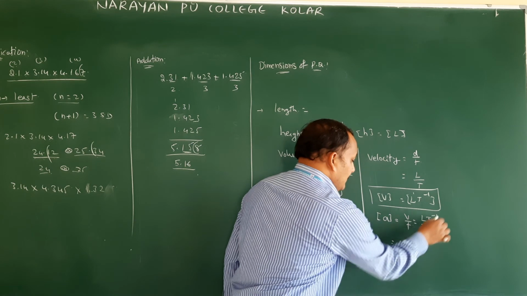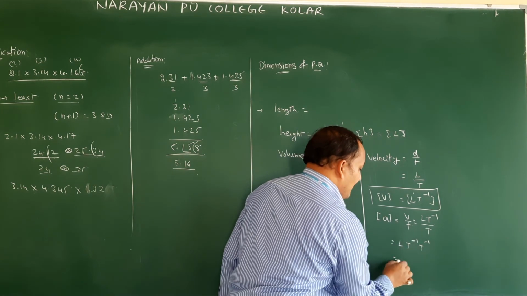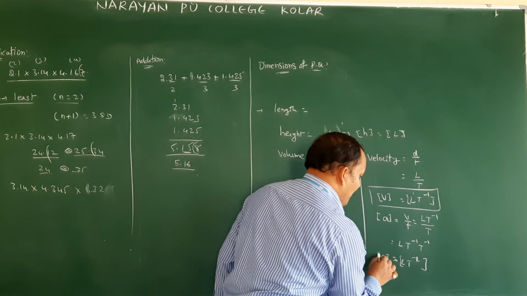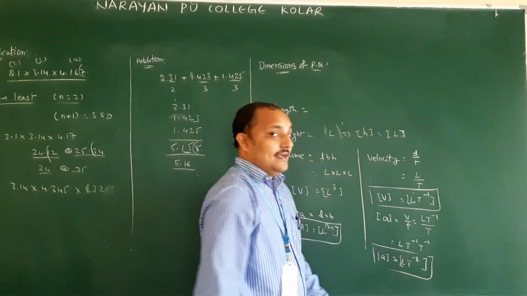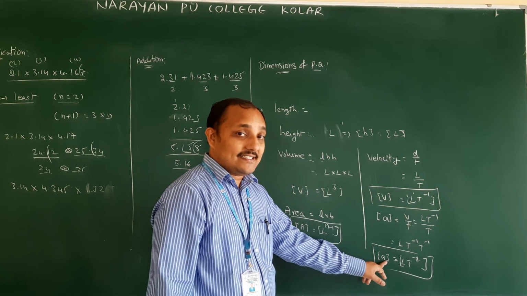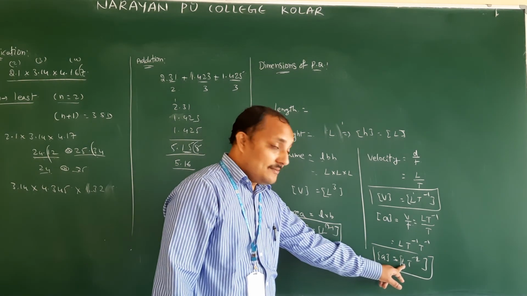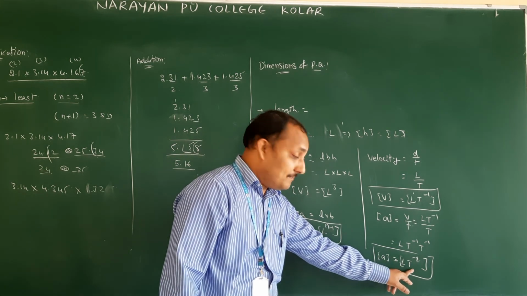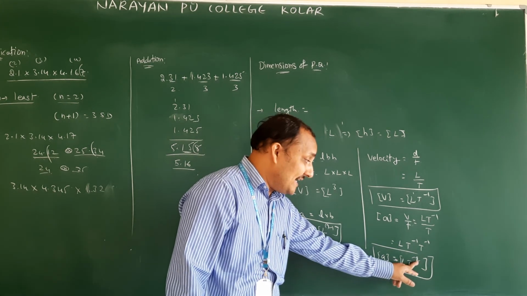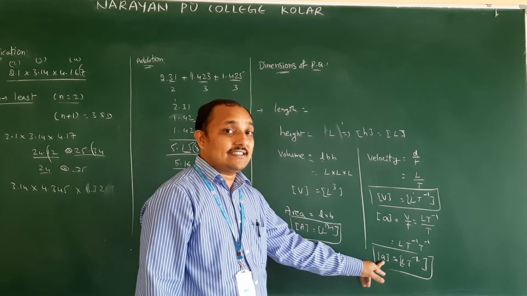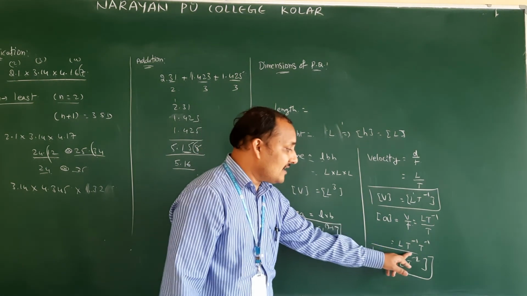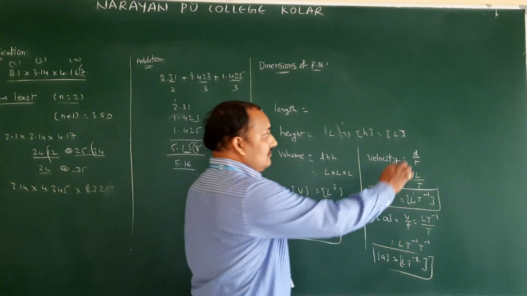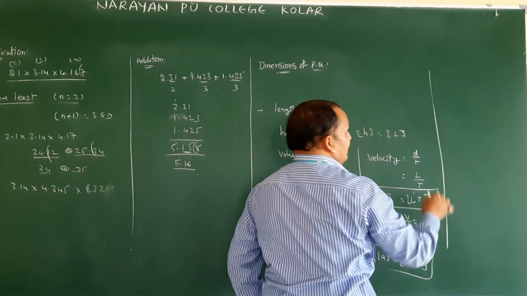Therefore L here is going to numerator. Therefore L t power minus 2. This is again the dimensional formula for acceleration. So by raising the base quantity length to 1 and the base quantity time to minus 2, we are getting acceleration. So these powers are called dimensions of acceleration. Understood?